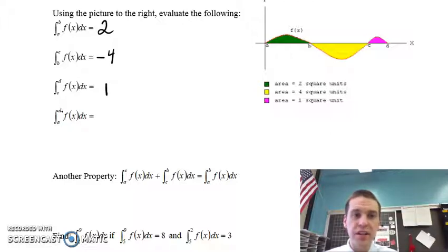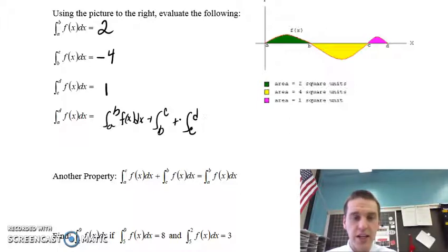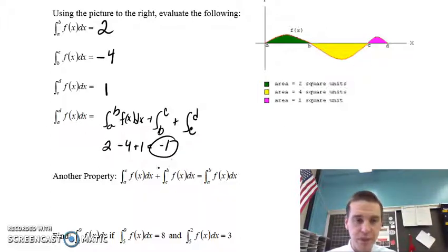So what is the area from A to D? Well, that's the integral of A to B plus B to C, and this is incorrect notation, but just know that I understand that, and C to D. That's just 2 minus 4 plus 1, and so we get -1 to be the area from A to D. It's just all those areas added up.